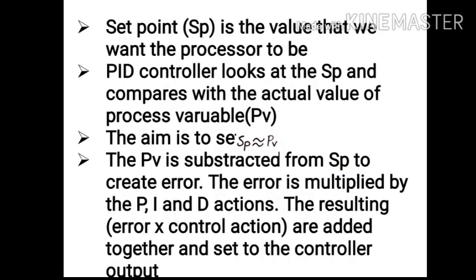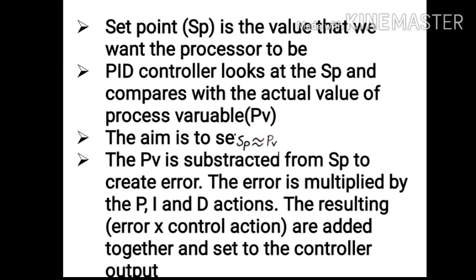That is, the error will be minimized. The PV is subtracted from SP to create the error. The error is multiplied by the P, I, and D actions. The resulting control actions are added together and sent to the controller output.